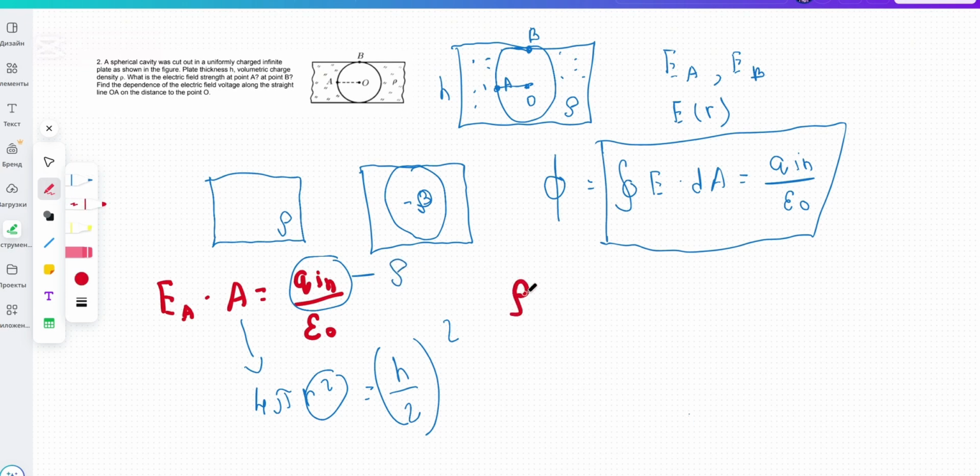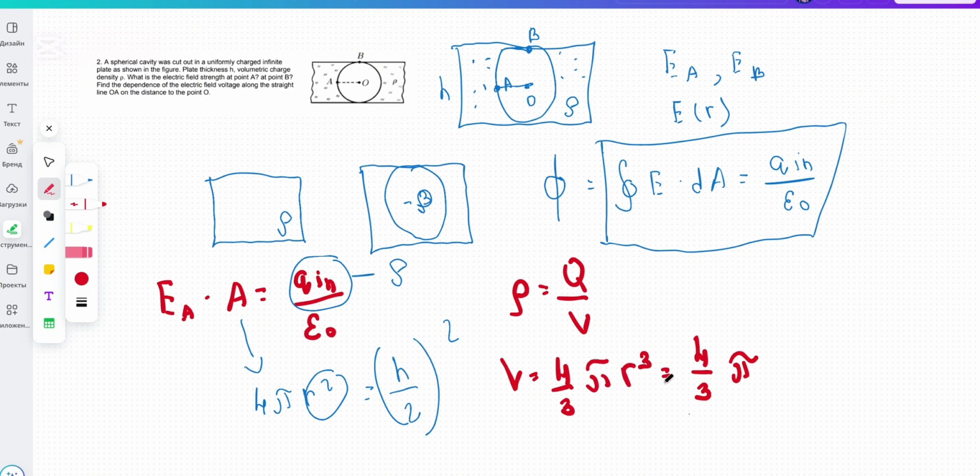We already know the formula of charge density, that equals charge over volume. So we need to write it by volume. We also know the formula of the volume of a sphere, that equals 4 over 3 pi times h over 2 cubed.